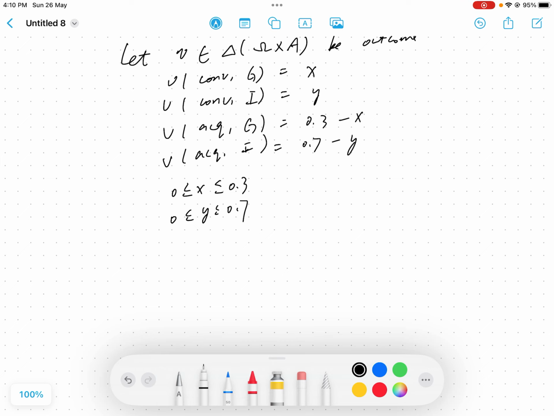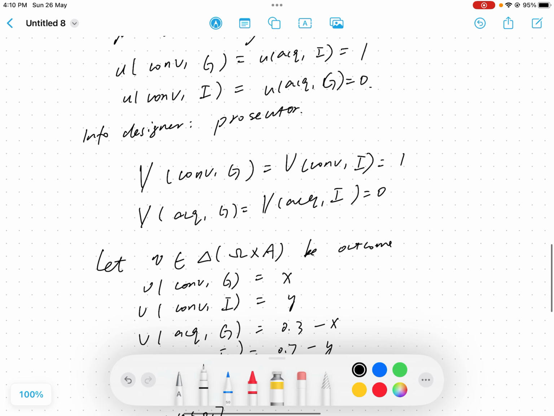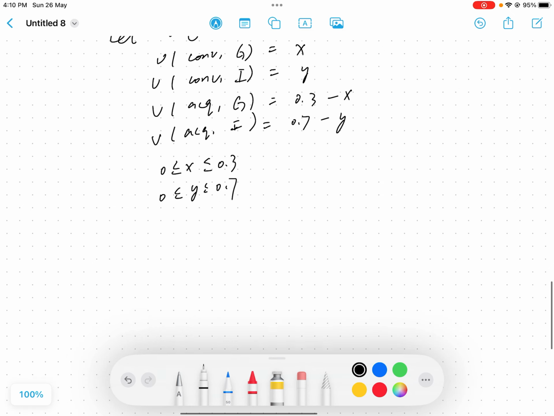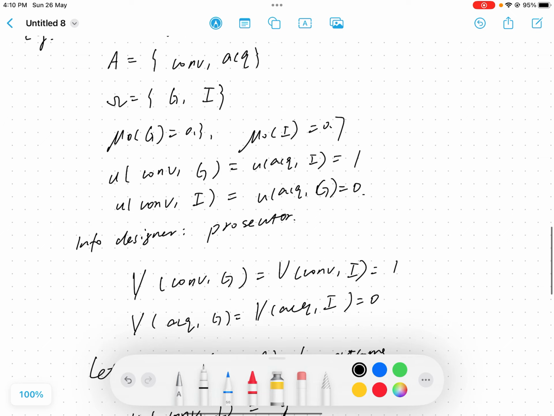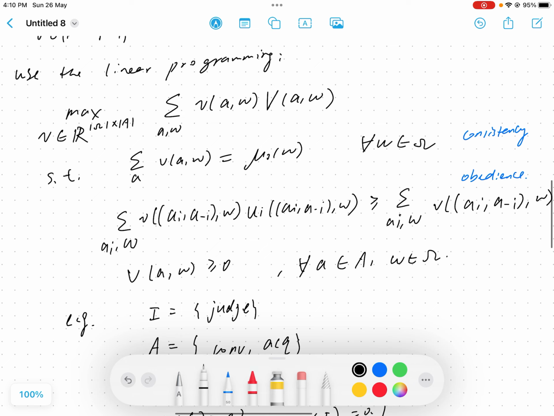So the task we are doing here is just to choose x and y, right? So because we have those utility functions, those zeros and ones, we can further simplify our objective function. So we can just assign those zeros to the v's, either small v's or big v's.